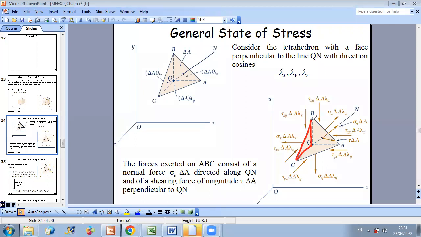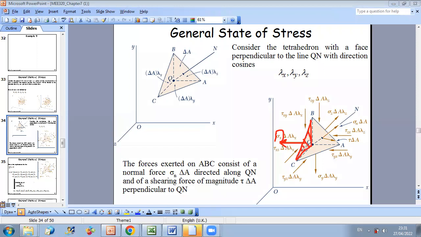This face is parallel to plane YZ. This means that the normal force will be along X, and the normal force can be calculated as sigma X times this area.